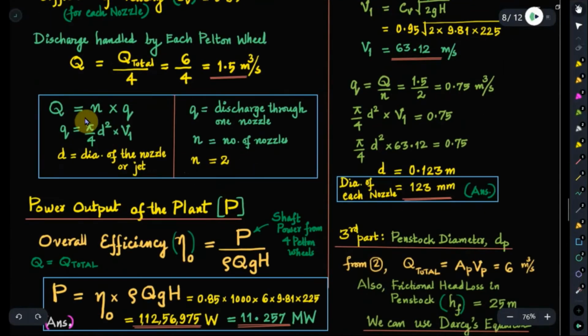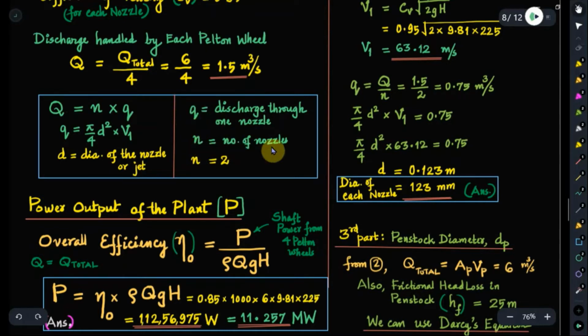Now again, the discharge handled by each Pelton wheel, let it be capital Q, is equal to the number of jets multiplied by the discharge through a single jet. The discharge through one nozzle, or discharge provided by one jet, is designated by small q.